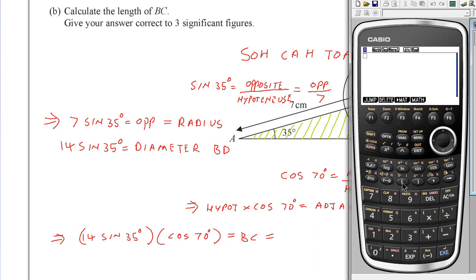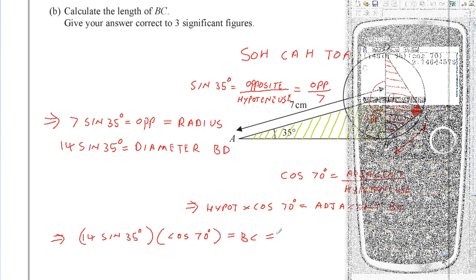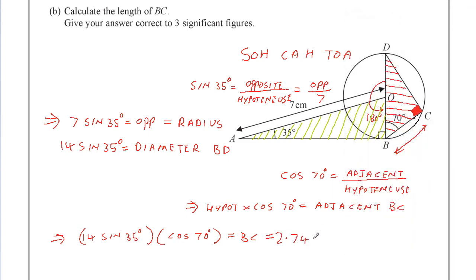And using the calculator, just to use brackets, BC equals 2.74644573.